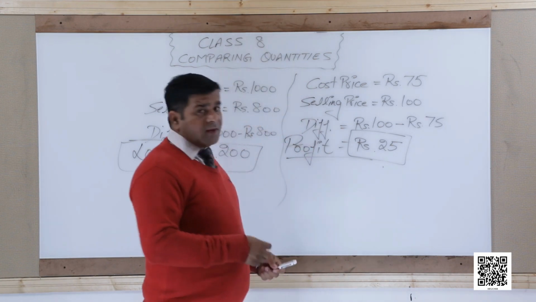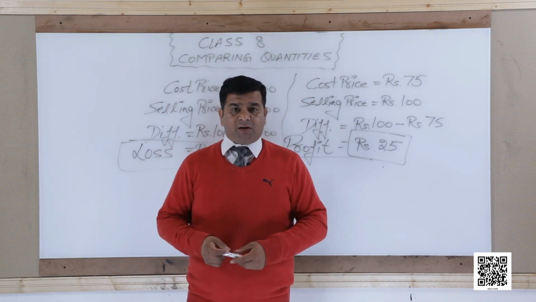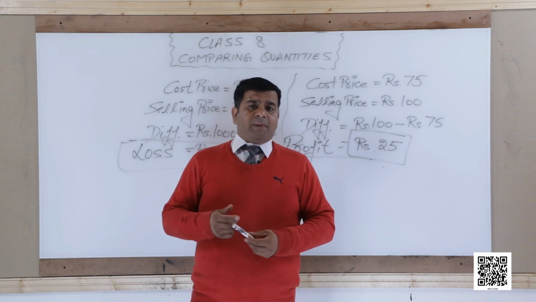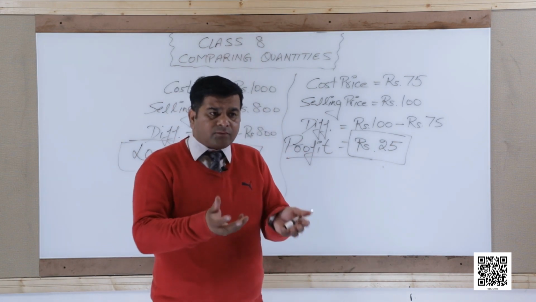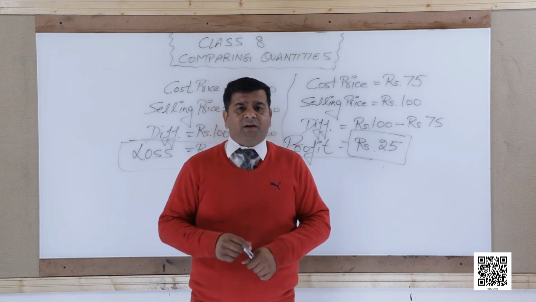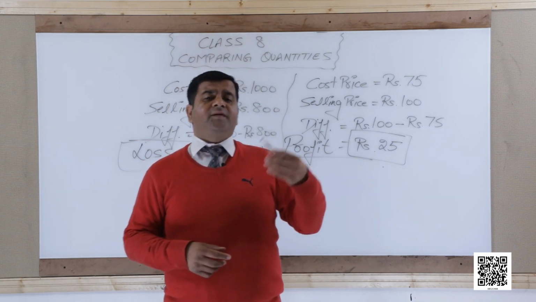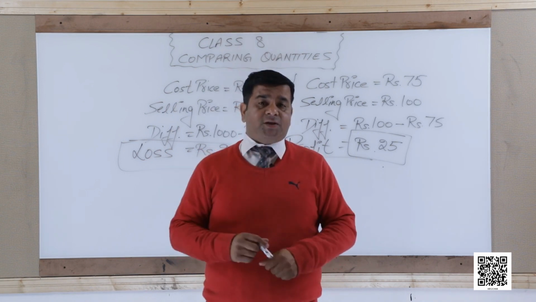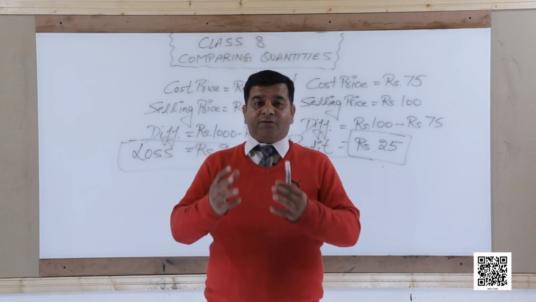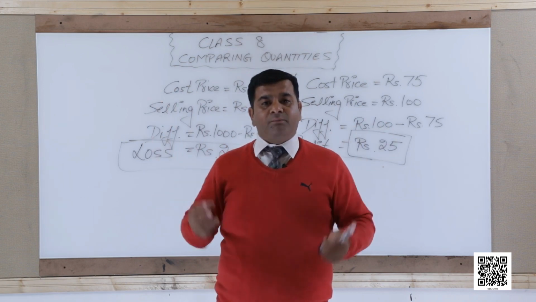Suppose you purchase a shirt for rupees 1000, maybe the shopkeeper had purchased that shirt for rupees 600 or maybe 700, and then he had sold you for rupees 1000. So this way, suppose he had sold 100 shirts, then he would have got much higher profit.